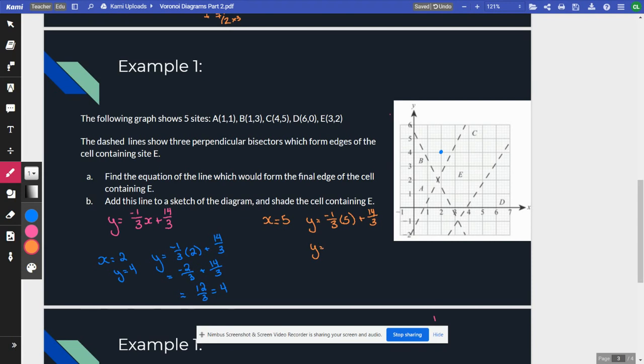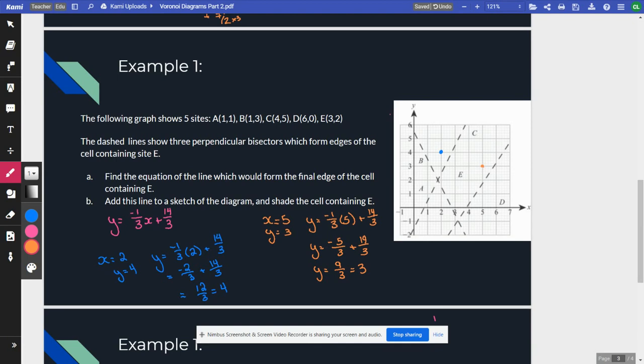So y is going to equal negative 5/3 plus 14/3. Again, this is like subtracting, so 14 minus 5. Y is going to equal 9/3, which just equals 3. So when x equals 5, y equals 3.